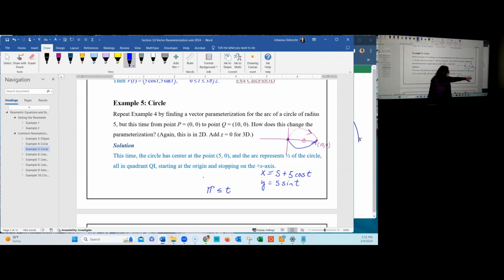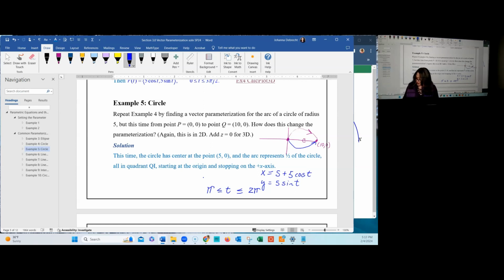Well, the cosine of 2 pi is 1, so I get 5 plus 5, which is 10, and the sine of 2 pi is 0, so I get 10, 0. So this would work to trace the other one between pi and 2 pi. So this is the other parameterization, which would give me half of the circle as well, starting at 0, 0, going to 10, 0, but this one is traveling through quadrant 4.